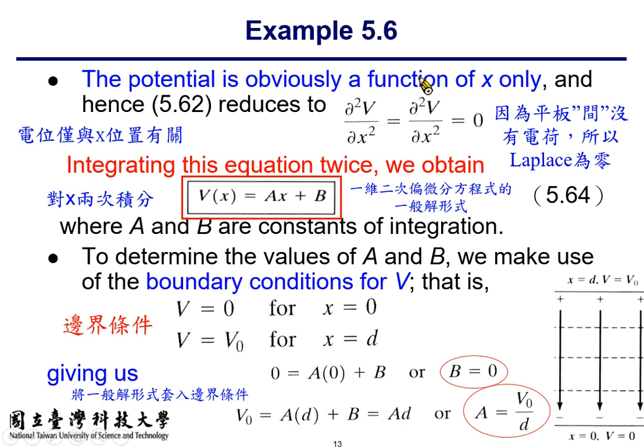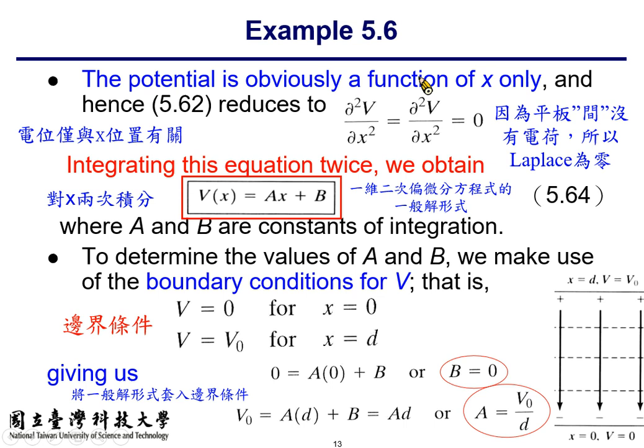Why do we put 0 on the right hand side? Because in the parallel plate there is no electrical charge between the two plates. For a parallel plate capacitor, you are supposed to place a layer of insulator in between, so there are no free charges, positive or negative, inside.